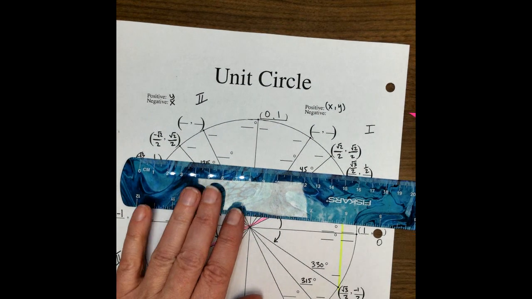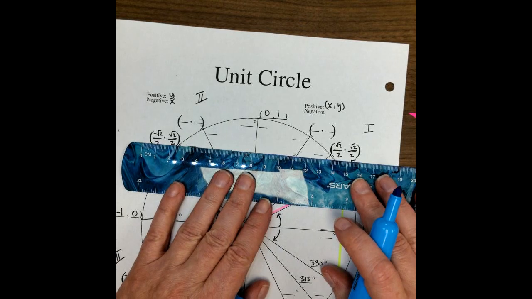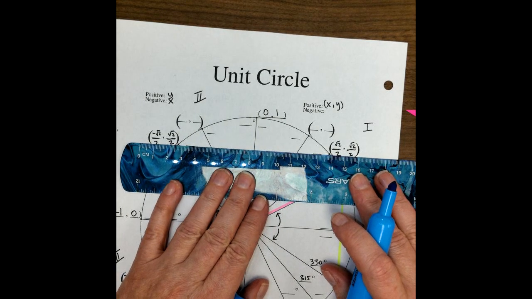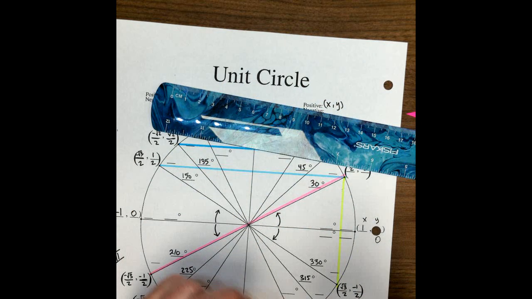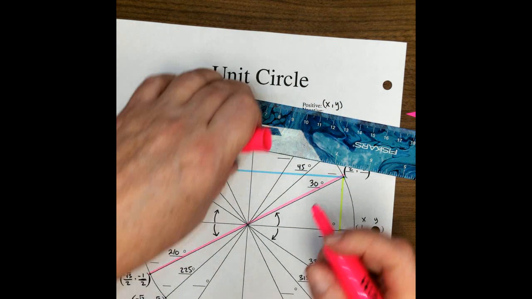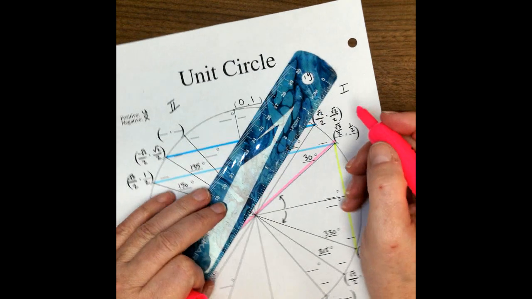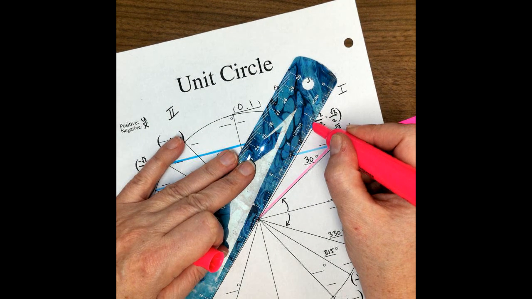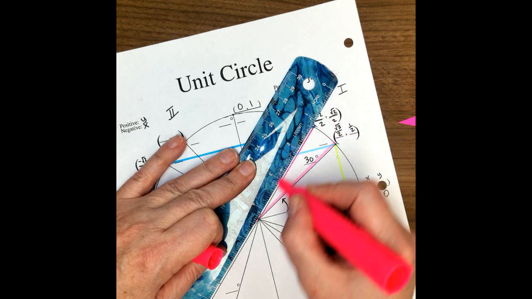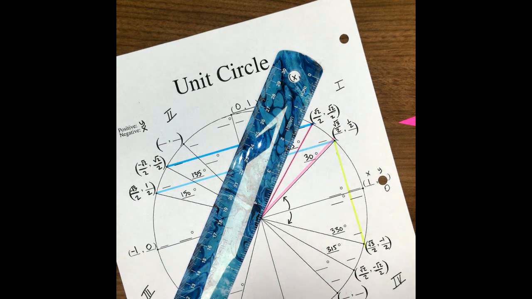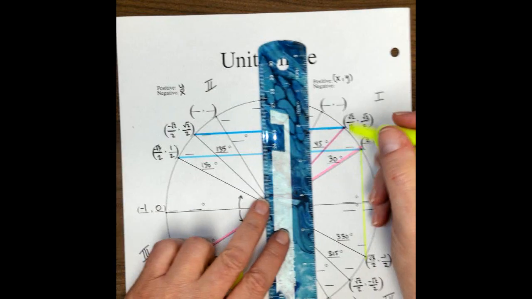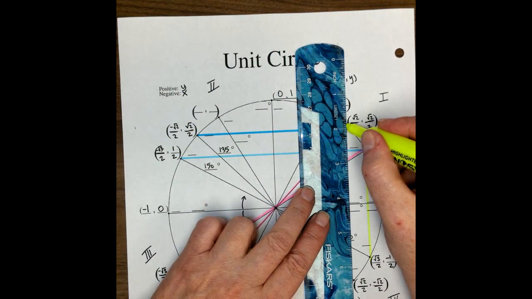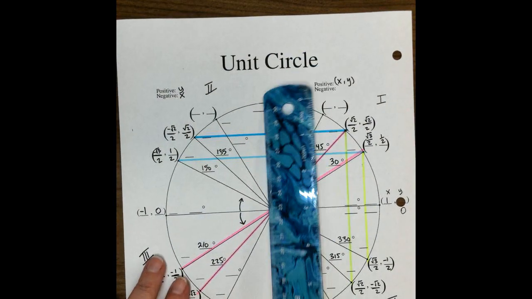So again, these guys, now I can draw my colors here. These guys are the same coordinates. These guys are the same coordinates. And this guy is the same coordinates.